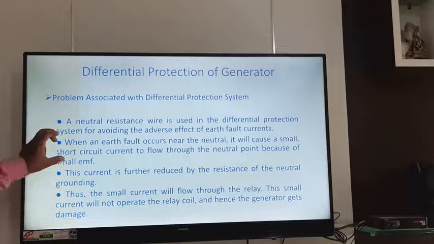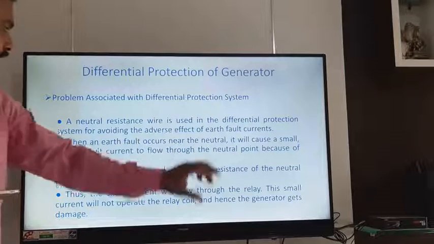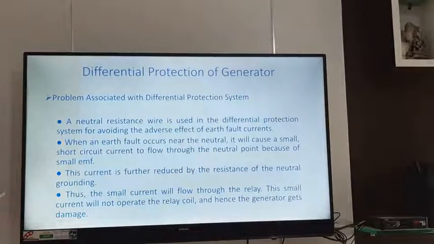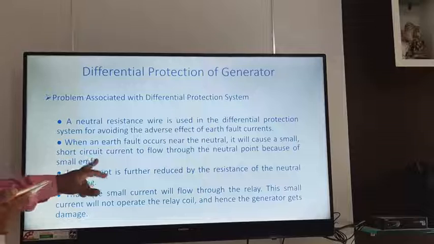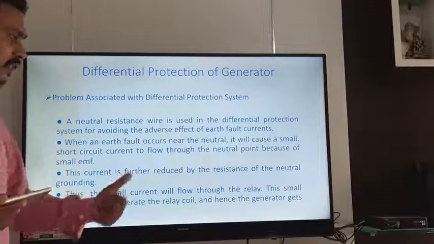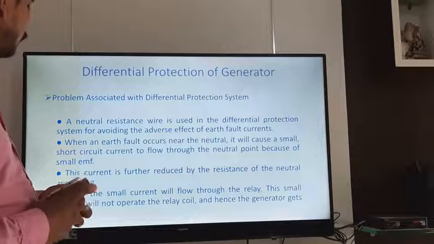So when an earth fault occurs, a small current flows through the neutral point, because at that point the EMF is also small. Now this current is further reduced by the resistance of neutral grounding.